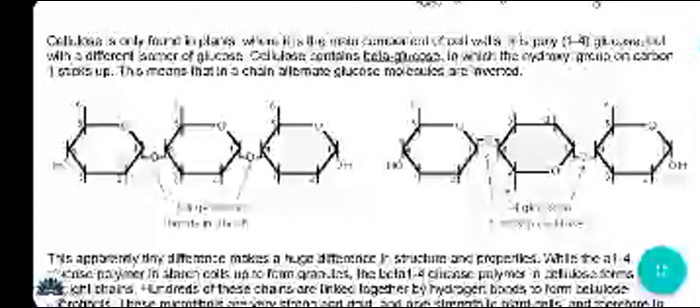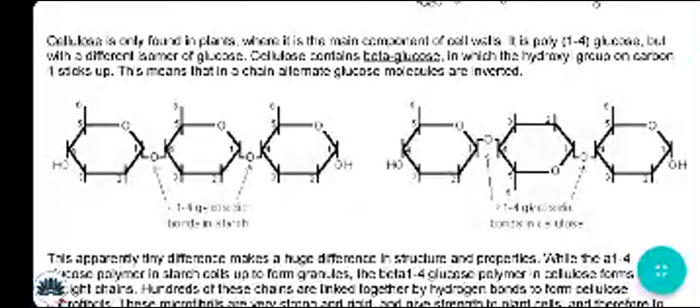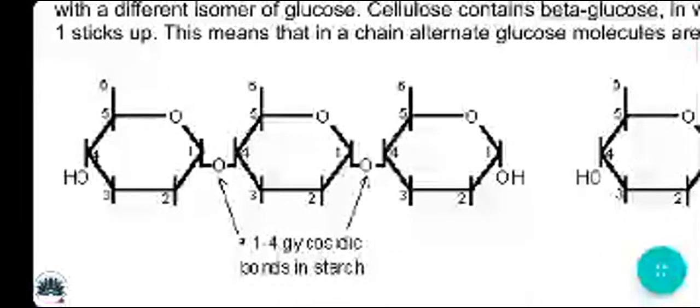What's the difference? Observe this difference here. Compare with the 1,4 glycosidic bond in starch, this is the structure of starch. You can see that the glycosidic bond is below carbon number 1 and carbon number 4.